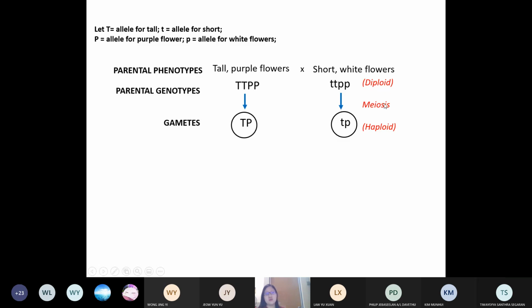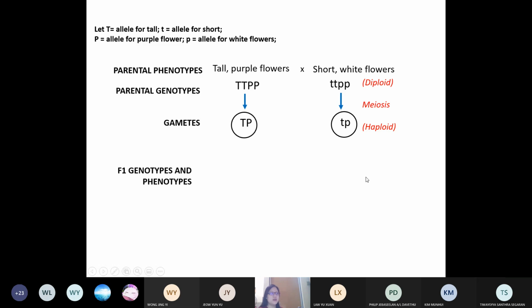Diploid got 4, divide 2 is 2. So the resulting gamete should have 2 alphabets in them now. Okay, 1 for each gene. So big T, big P, small t, small p. Make sure it's circled because it's gamete. Make sure there's a cross because it's cross.